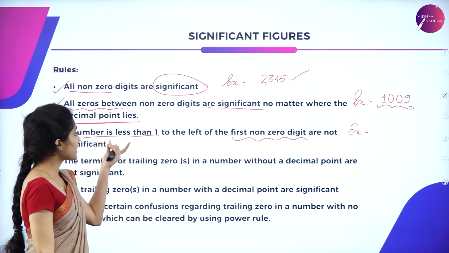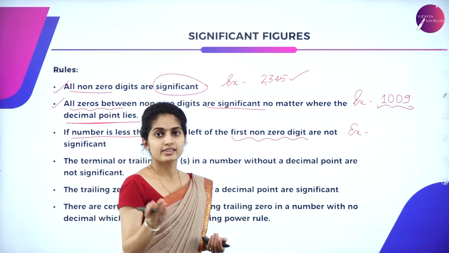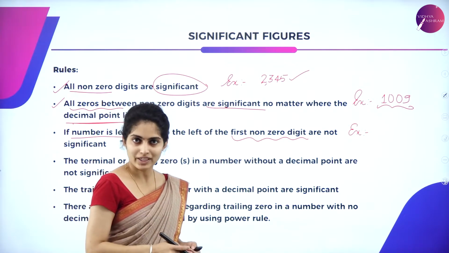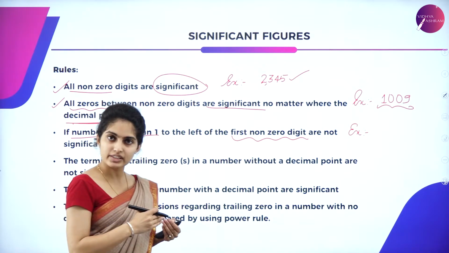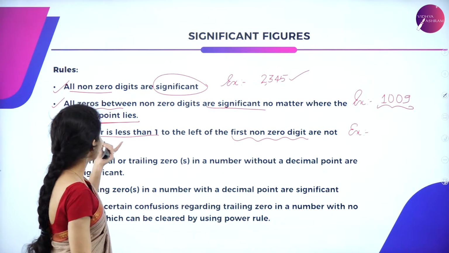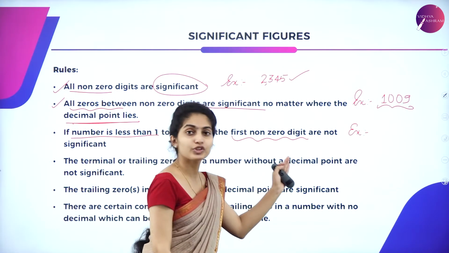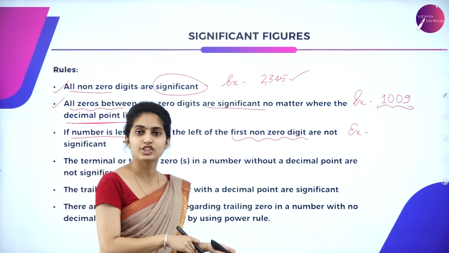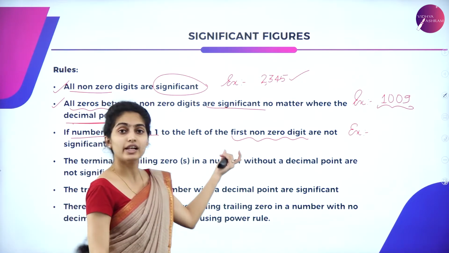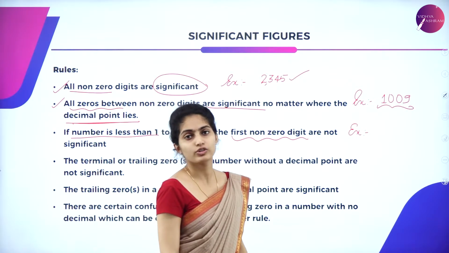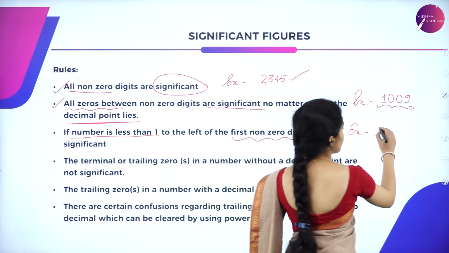If the number is less than 1, it is 0 or in terms of minus, but here we are just considering in terms of zeros. Less than 1 is nothing but 0. If the number is less than 1, the zeros to the left of the first non-zero digit are not significant.